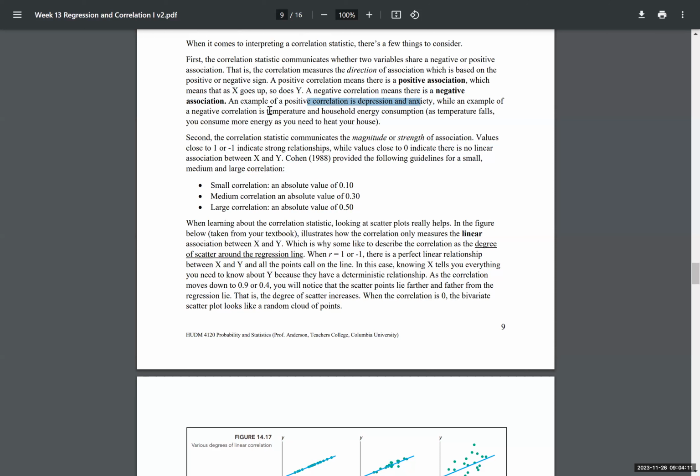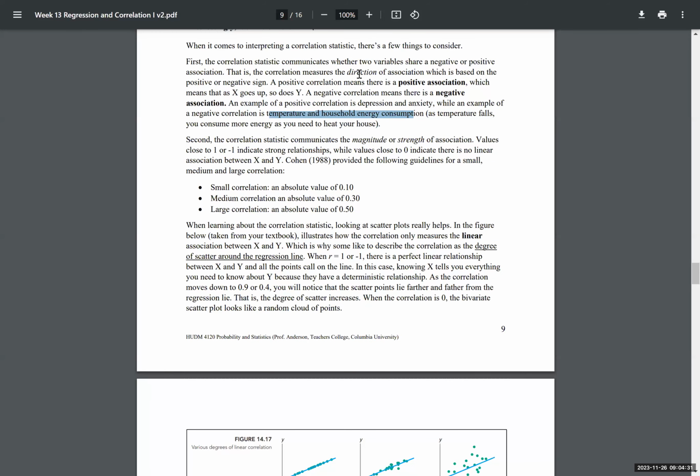A negative correlation: temperature and household consumption. As the temperature drops, the household needs to consume more energy to keep it heated and warm. So there's an inverse relationship, or a negative relationship, between X and Y in that example.